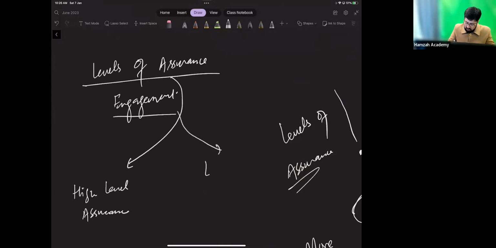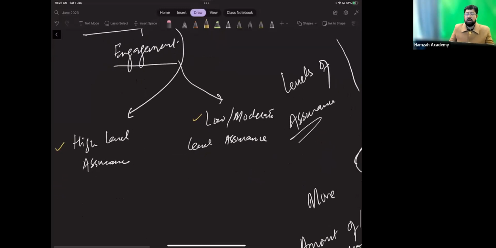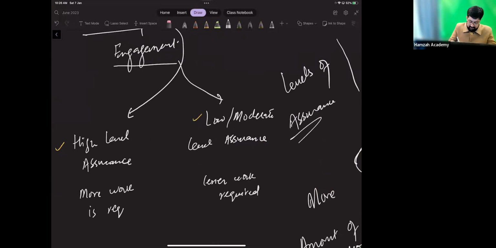The other is called low, which is also called moderate level assurance. Higher level or moderate level assurance. Here, more work is required. Lesser work required. We have learned these two things.